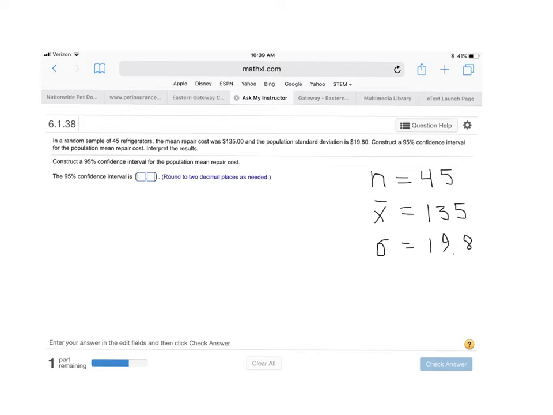So from the previous exercise that I made a video of, 6.136, we determined that our critical value for 95% was 1.96. Now just a note, for those of us who have a TI-83 or TI-84 graphing calculator, we can find the critical value real easily on it by just going to second vars, which is right below the down button.